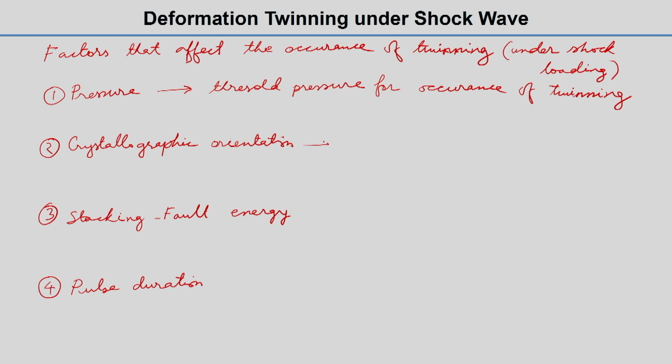And then crystallographic orientation is important because the deviatoric component of stress is responsible for twinning, or induces twinning, like what we discussed for dislocation slip.